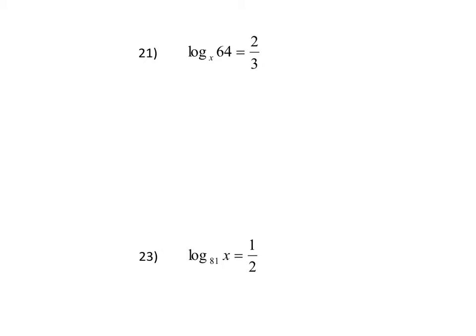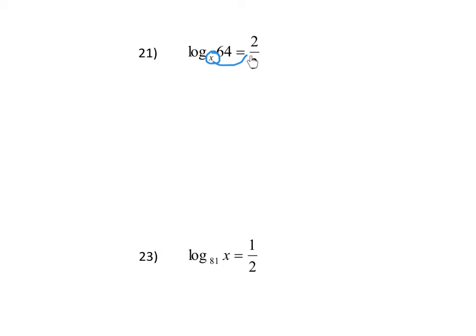Okay, so if you remember, the first thing you want to do when solving a log equation is you want to get it out of logarithmic form. You want to get it into exponential form. So we do that by circling the base and running the race. Now, if you remember, what happens is when we take this base and move it to the other side of the equation, it finishes the race.